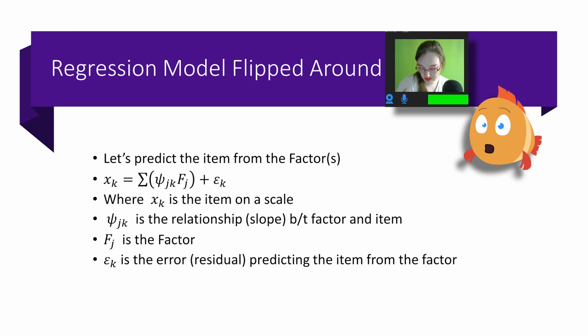And here, psi, that's what the trident symbol is, psi is the relationship, so the slope between the factor, so our true score, and the item, where f sub j is the factor of interest and e sub k is the error. This is the residual, predicting the item from the factor, where each k indicates a question, indicates a specific item.